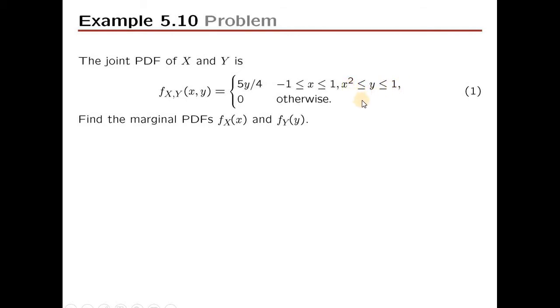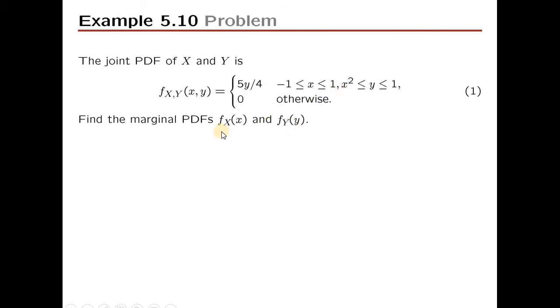So we have to do a graphical representation of x squared. x squared is actually a parabola, so you have to represent the limits graphically, then you can put those limits to calculate the marginal PDF after applying the theorem that we studied for the marginal PDF using the joint PDF. But in the case of x, from here we know that x squared is less than y, so we easily calculate that x is between minus root y and root y, so this is the limit for x.